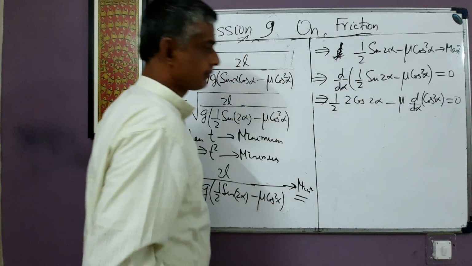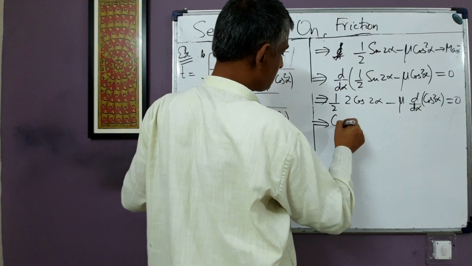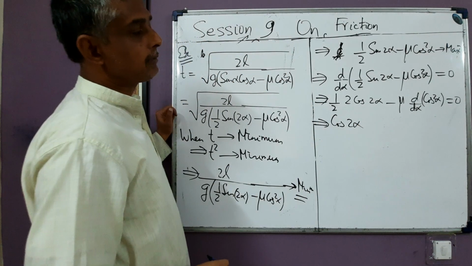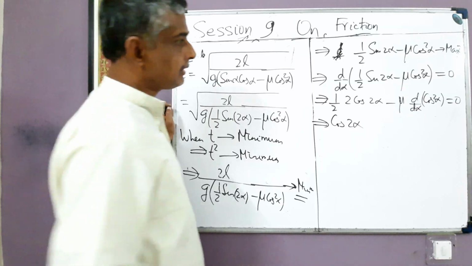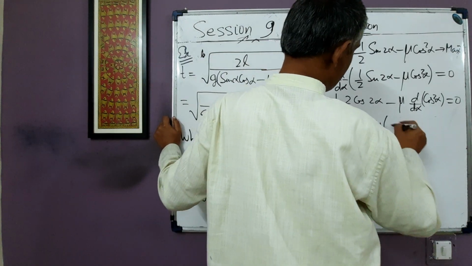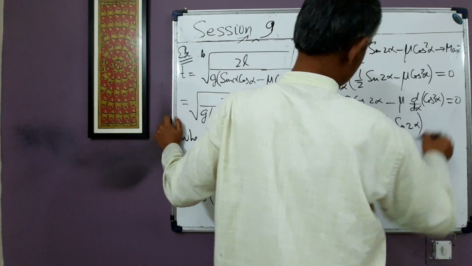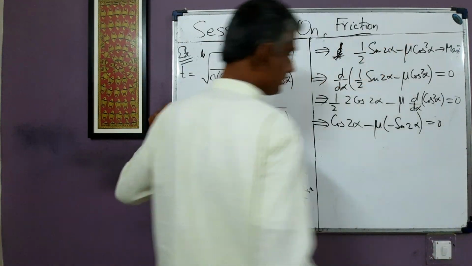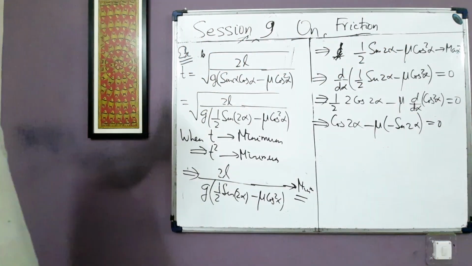The derivative of cos square alpha with respect to alpha is minus sin 2 alpha, so minus mu times minus sin 2 alpha, that is equal to 0. I hope it is alright.